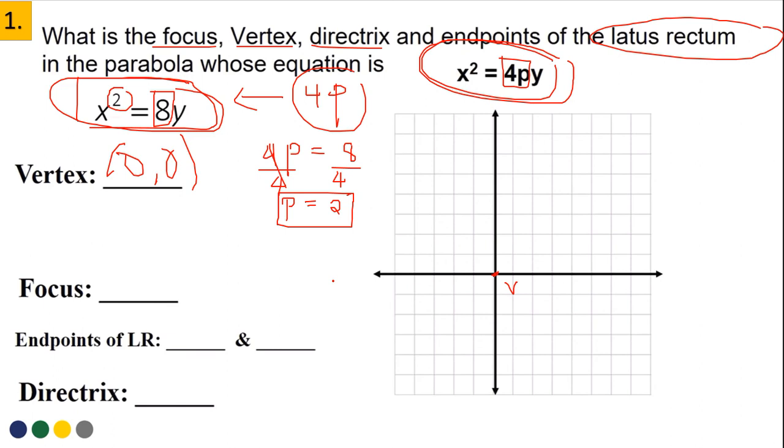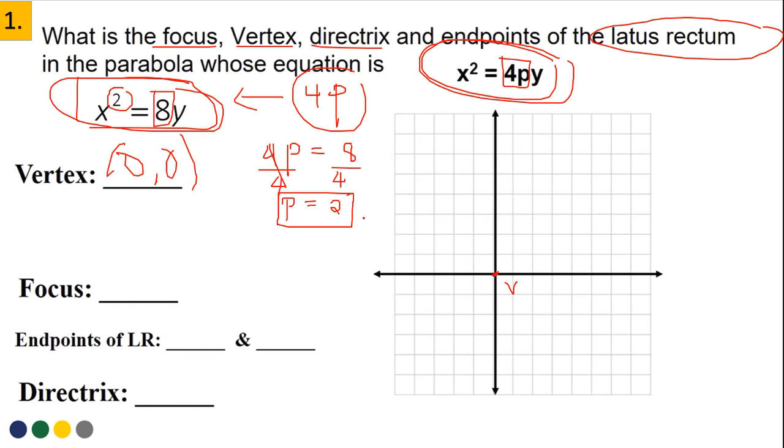And to find the distance from vertex to focus, we need to find the value of p. And we already know the value of p. The value of p here is 2. We need to count 2 units upward, because according to your classmate, the opening is upward. And the strategy here: the focus is always at the side of the opening.